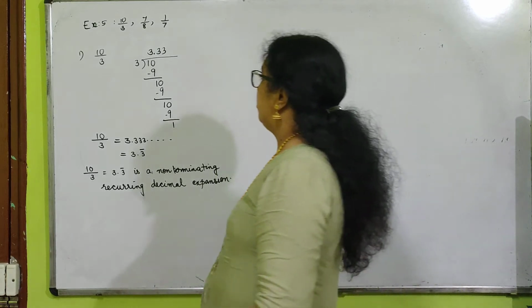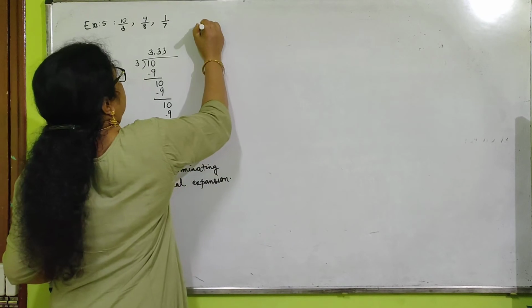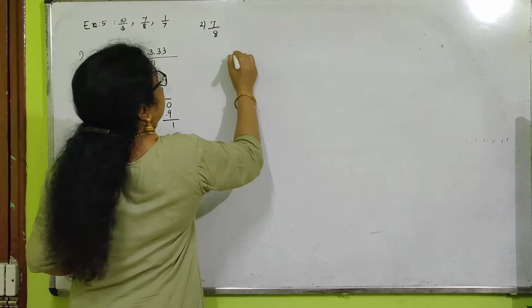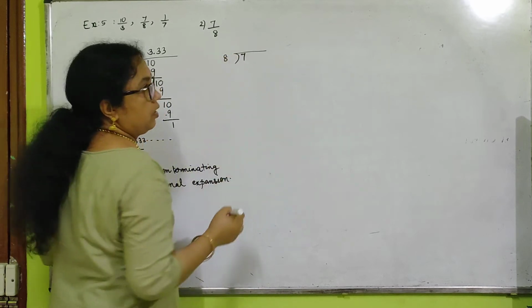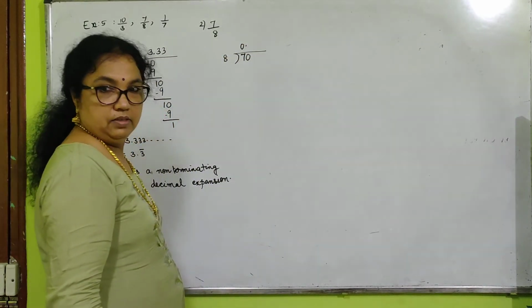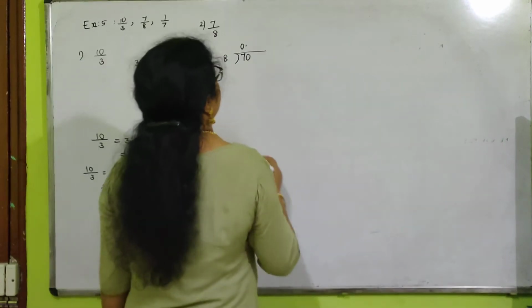This is the first one. Now the second one I am showing, 7 by 8. Divide 7 by 8. 7 is smaller than 8, so put 0 point, put 0 here, 70. 8 8s are 64, 8 9s are 72.